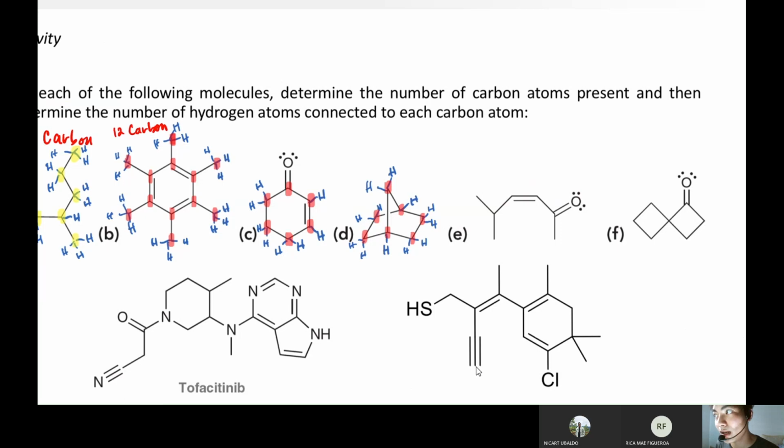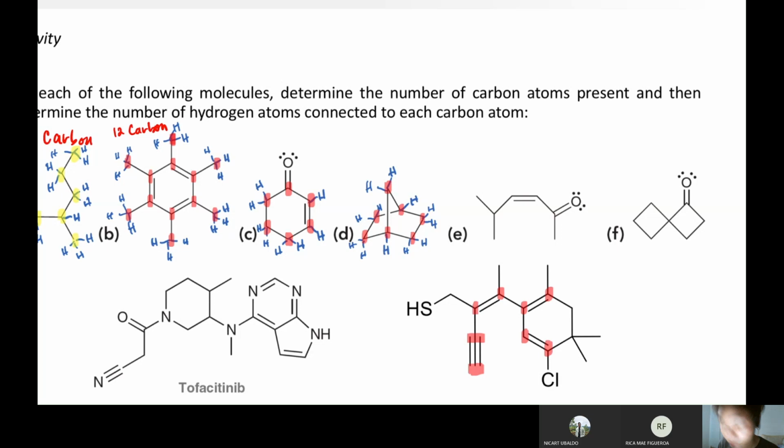So, sa dulo ng triple bond, may carbon dyan, no? Tapos, sa dulo lang din ng triple bond na yan, may carbon din dyan. So, ganun yung reading, ha? Same as double bonds, no? Sa dulo ng double bond na yan, may carbon-carbon dyan, no? Ganun. So, dito din may carbon-carbon doon.